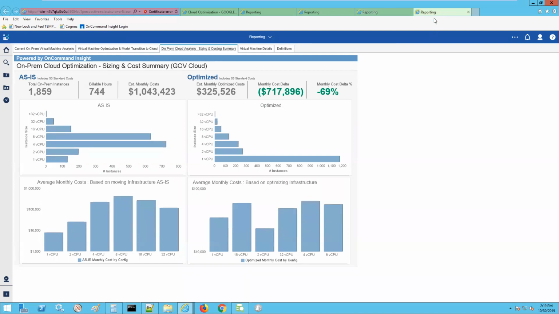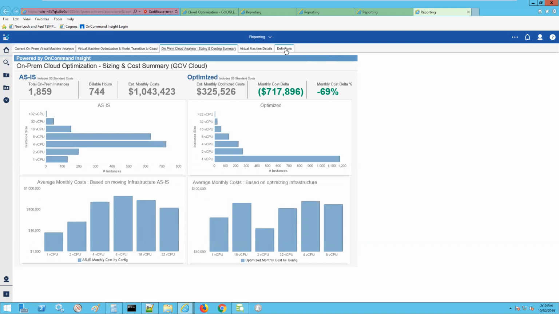Then I also have GovCloud. So if you're public sector and you have government-based customers, or you are a service provider servicing government-based customers, it's definitely useful to use the GovCloud rate cards and determine what the cost would be on a monthly basis versus the optimization process that we use with OCI and our algorithm.